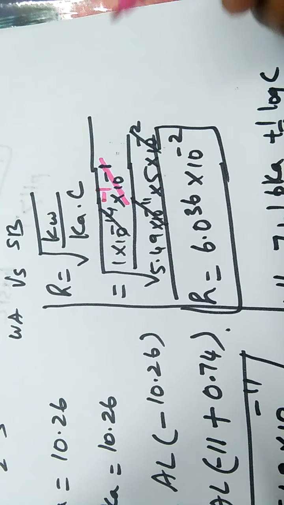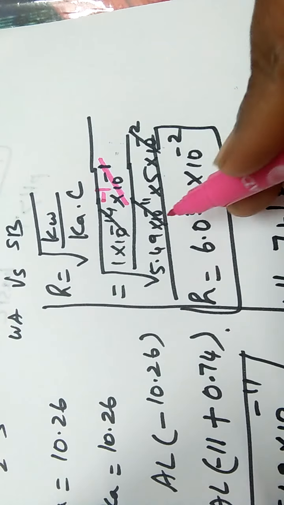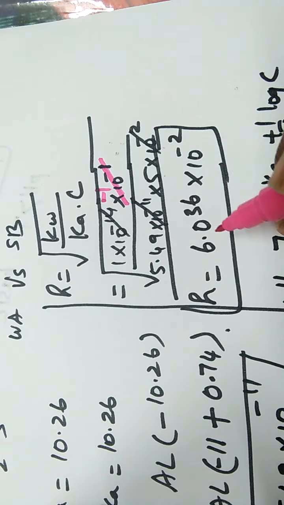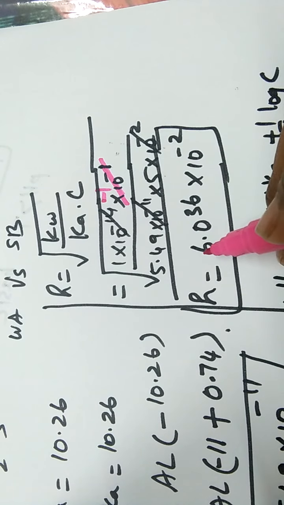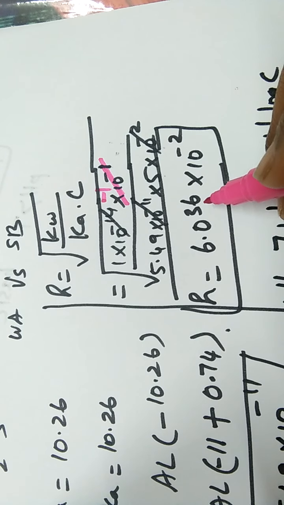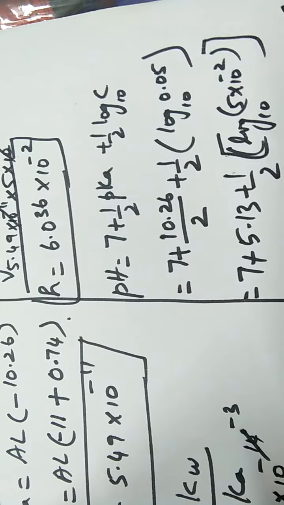You get 10 power minus 1. So 1 by 5.49 into 5, everything becomes 6.036 into 10 power minus 1, which becomes minus 2 because it is 0.6036. So it becomes 6.036 into 10 power minus 2. That is the degree of hydrolysis.